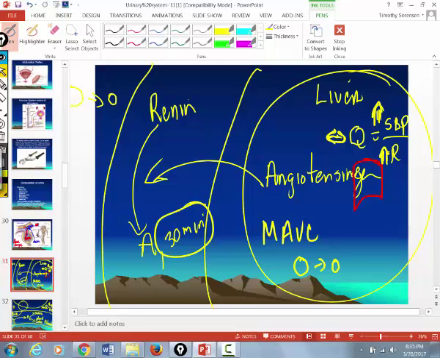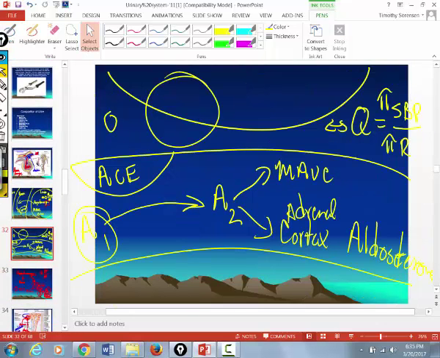In that time, angiotensin 1 will circulate to the lungs. And in the lining of the pulmonary capillaries, you have angiotensin converting enzyme. An angiotensin converting enzyme converts angiotensin 1 to the much more powerful angiotensin 2.